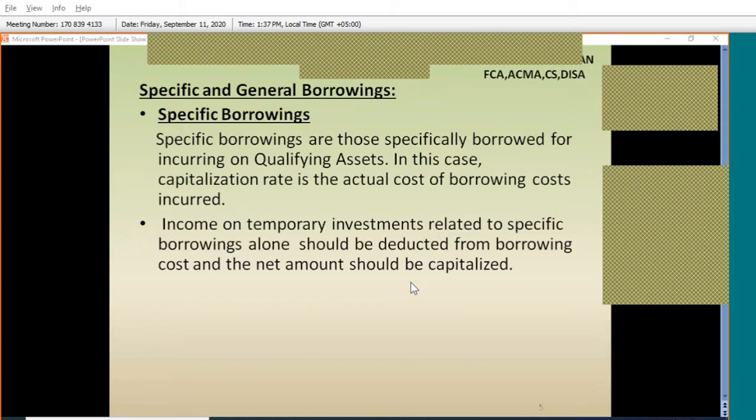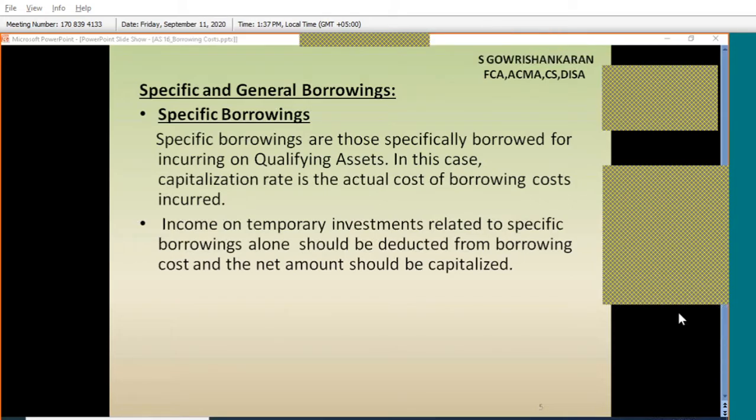So 10 minus 1 equals 9 is my interest that should be capitalized in my cost of asset. That's what they are saying. I hope you are able to understand that. Okay. So what is the next point?